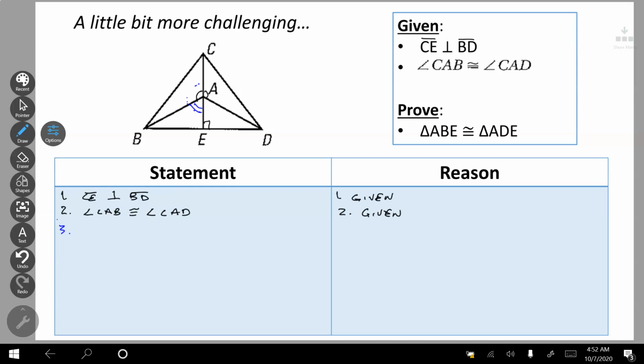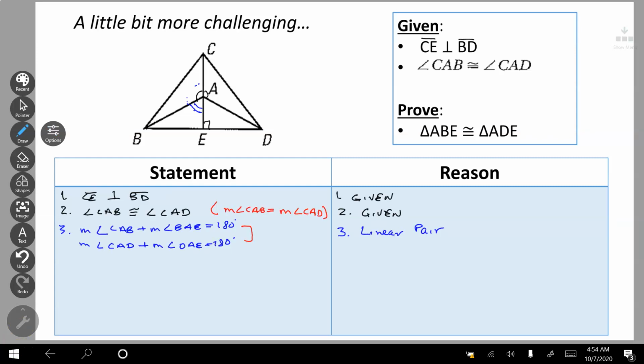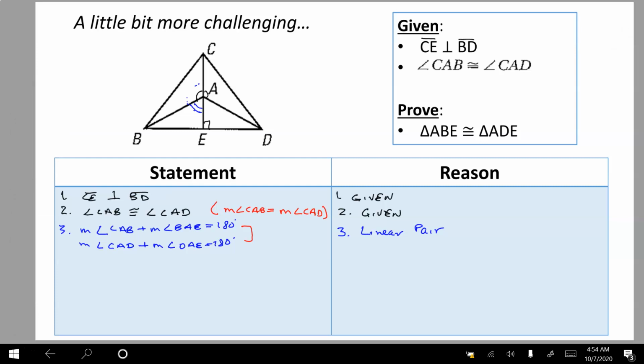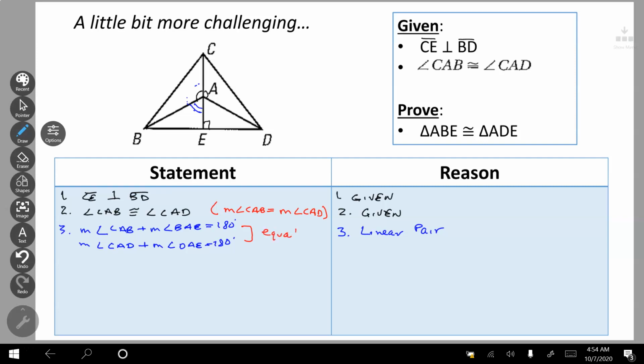So I'm going to write this out and then say it. Those two angles are next to each other and form a linear pair. So angle CAB plus angle BAE equals 180, and the same goes on the other side. Angle CAD plus angle DAE equals 180. They are linear pairs. Therefore, they're both equal to each other.